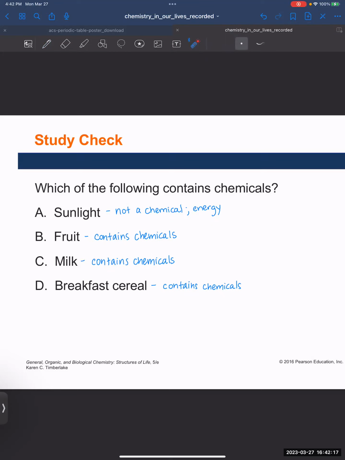And so once again, make sure by the end of this video, you feel confident knowing the definition of chemistry, of matter, and also being able to identify if a substance contains chemicals or not, and be able to define those definitions in your own words, as opposed to just memorizing it. So being able to describe it in your own words.